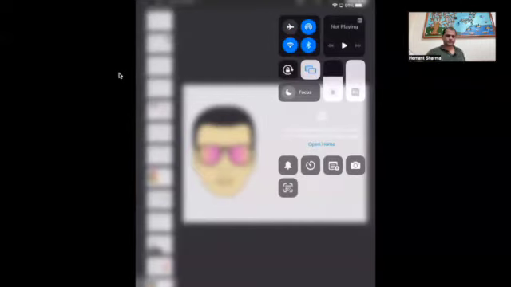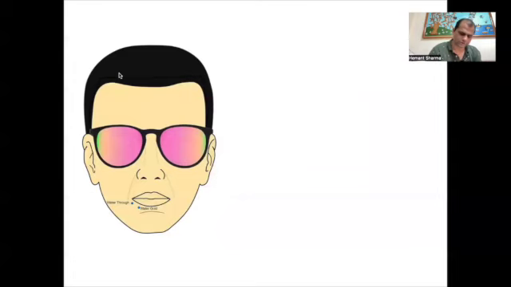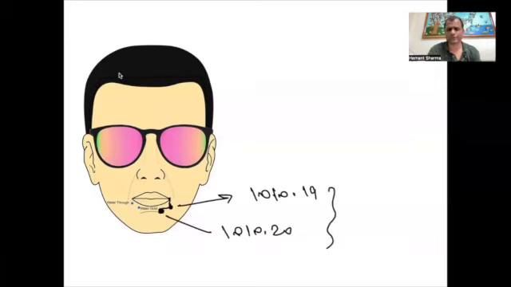So look at here. If you look at this image, from the corner of mouth, if I'm going half tune down, then half tune medial, there are 2 points. This is called 10.19 and this is called 10.20. Both points are very wonderful.